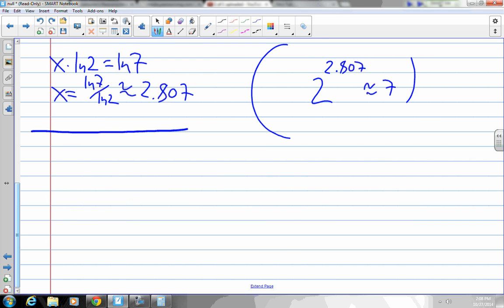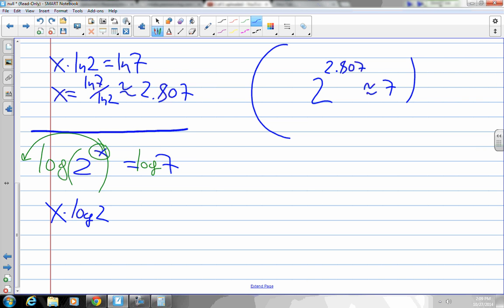If I have 2 to the x equals 7, and I apply common log to both sides, because that's another button on my calculator, the same thing happens. x falls down by that power rule, so this becomes x times log of 2 equals log of 7, so x equals log of 7 over log of 2.